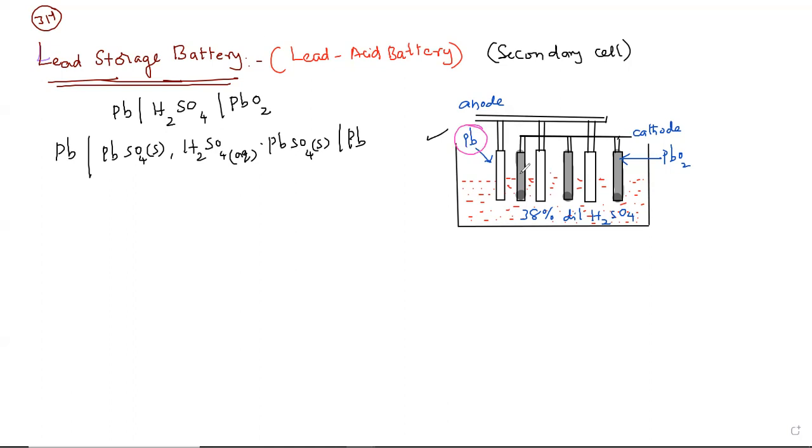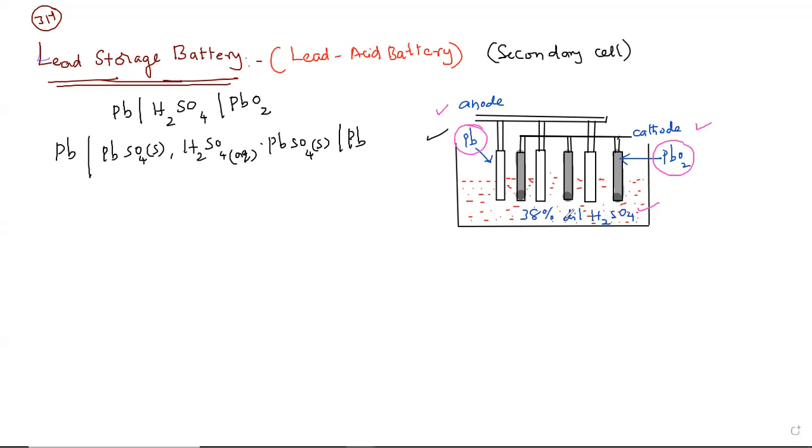They are the grid of lead packed with lead dioxide. This is acting as the cathode. So what is the anode? Lead. What is the cathode? PbO2. In between them there is a liquid that we call the electrolyte, that is 38% dilute H2SO4, serving as the electrolyte in the battery.